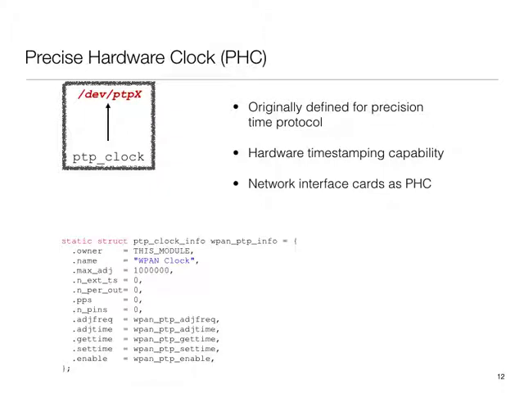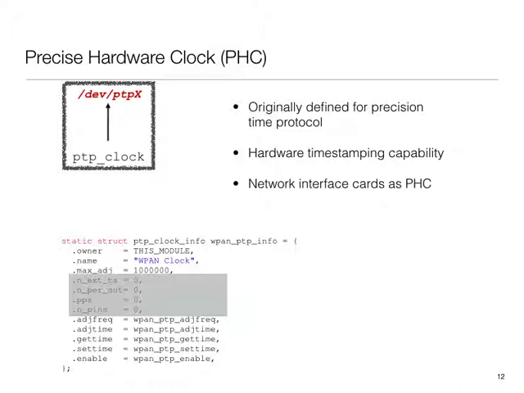This is how it looks in the source code inside your kernel. So this is the structure. What you have to pay attention to is this set of functionalities: how many pins you have, whether you can produce a precise pulse per second signal on your pin, whether you can externally timestamp a signal on a particular pin, whether you can produce a periodic output on a particular pin.